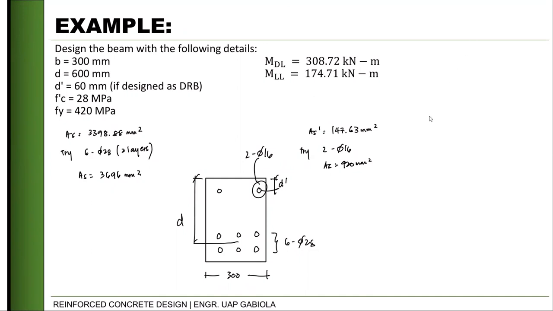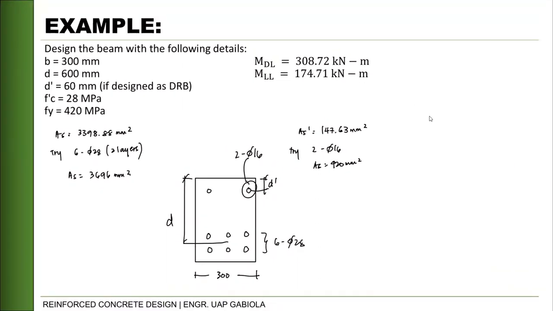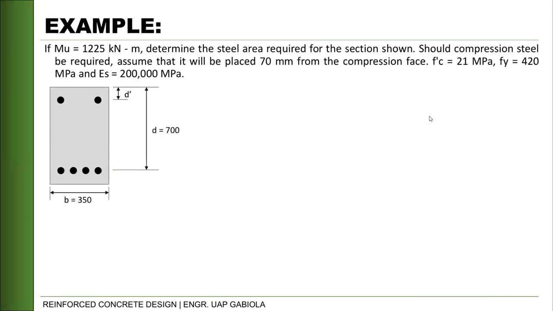Alright, that's our first example. Now we proceed to the second one. It's almost the same, just a slightly different approach in how the problem is specified. If MU is 1225 kilonewton meter, determine the steel area required for the section shown.